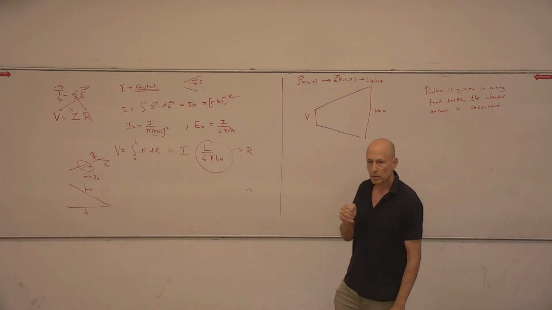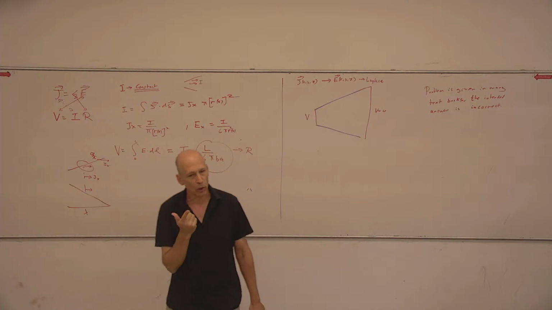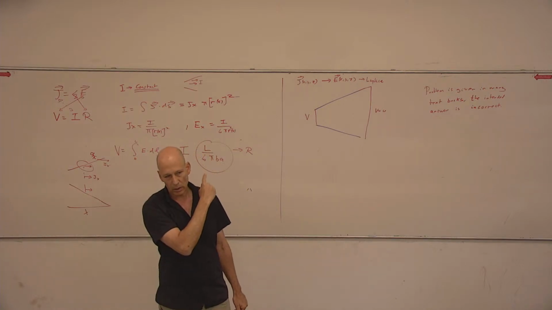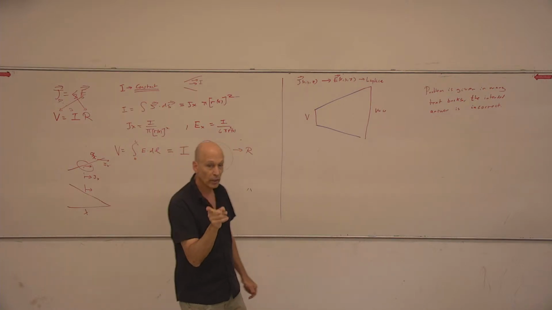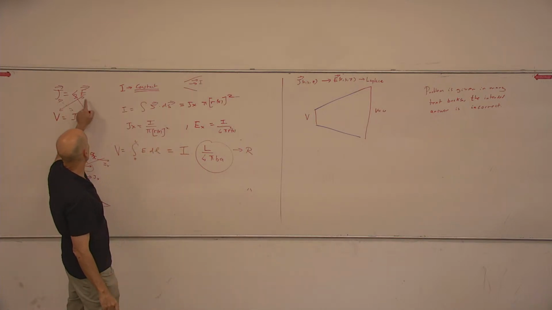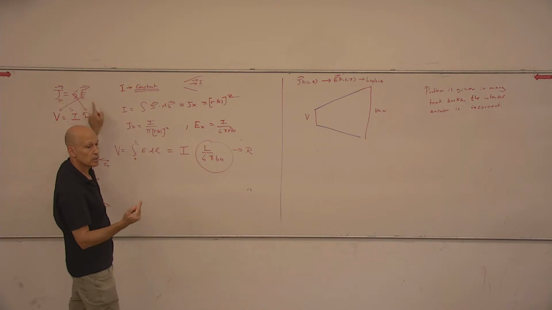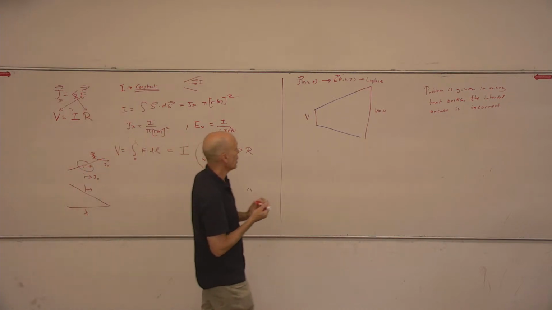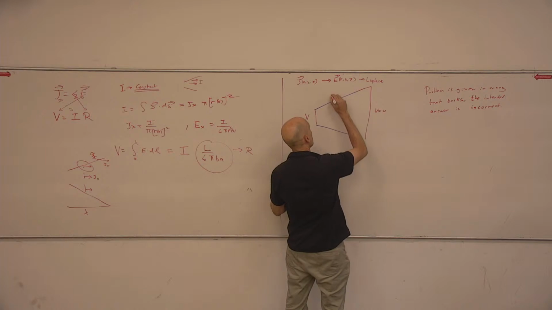J equals 0, that's a good point, yes, but we don't want J, we want E. So J is equal to 0, E is going to be 0, and that is the normal derivative of the potential. So what we want is that dV/dn, the normal, is equal to 0, and also here.